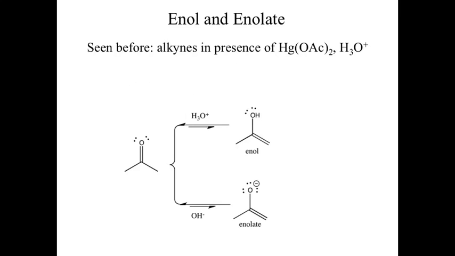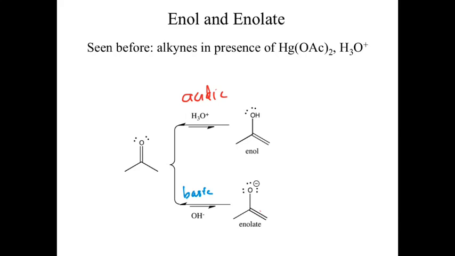So, a couple conditions on how we can go through and make these without having to deal with our alkyne is we can start with our ketone or our carbonyl, because it works for aldehydes as well. We can start either under acidic conditions or under basic conditions. And again, I think one of the later slides here is going to ask you to go through and come up with a mechanism on your own.